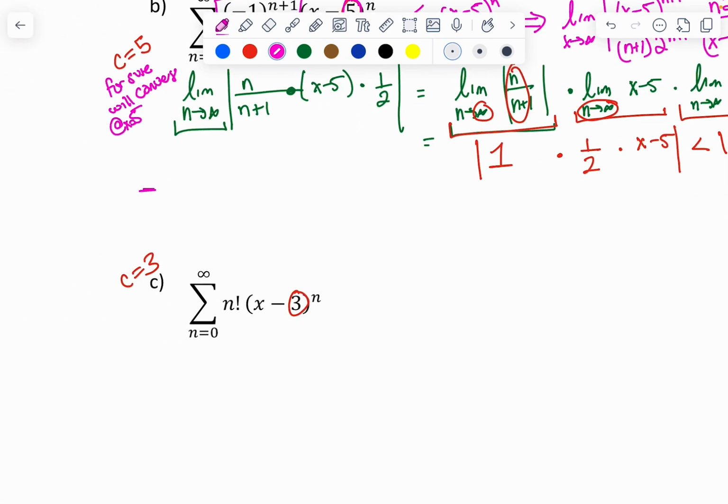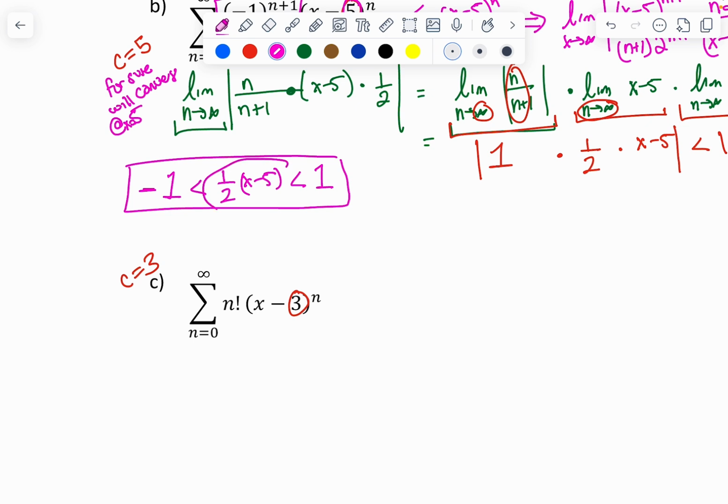You basically would say that this has to be greater than -1 because of that absolute value, and less than 1. This is what we are testing. Where is this r? Because that's what this is. This is our ratio. Greater than -1 and less than 1.